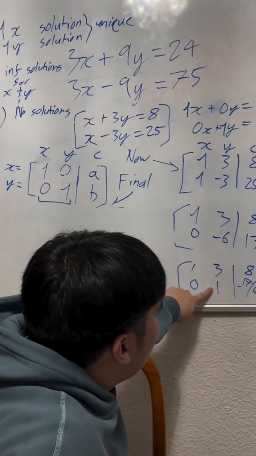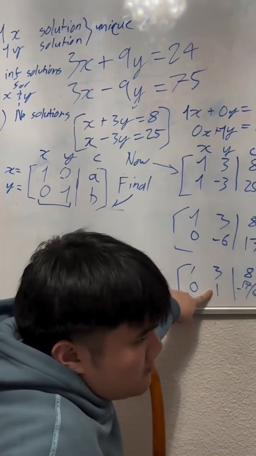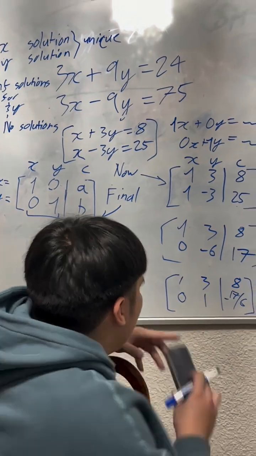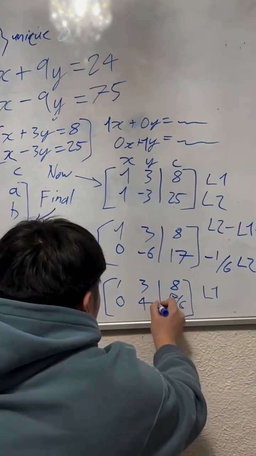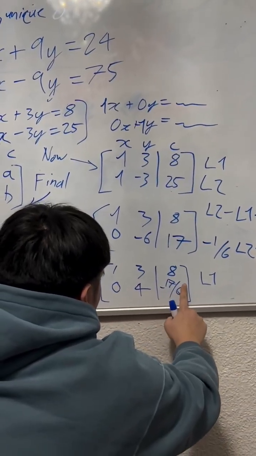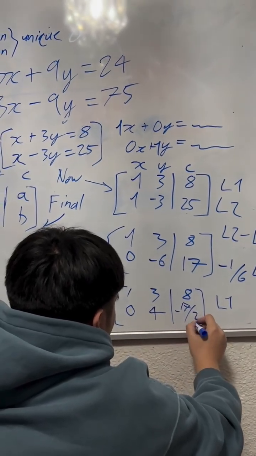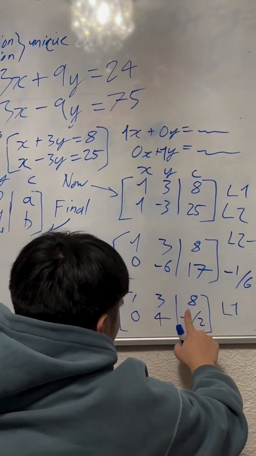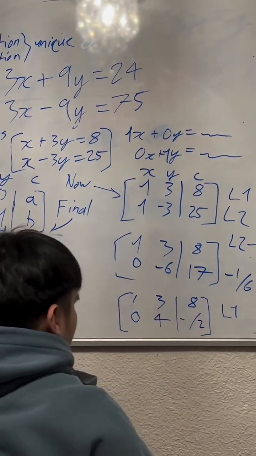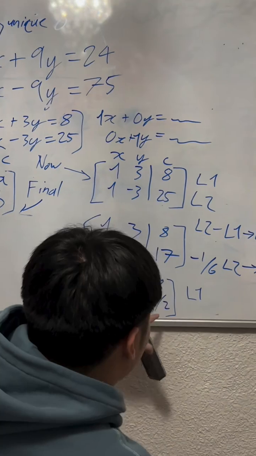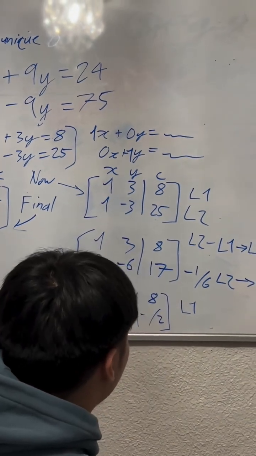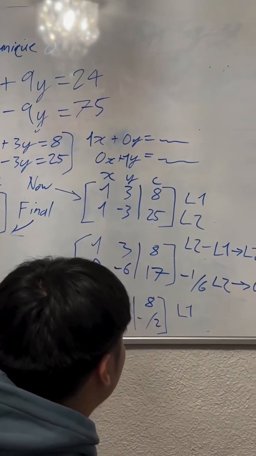But if we multiply it by 4, there's going to be some fraction over here, and there's going to be a 4. How can we turn that into 0 now?